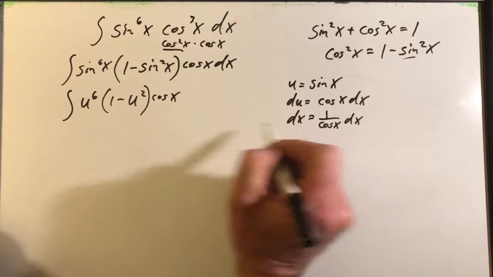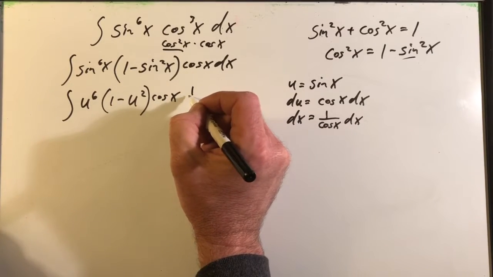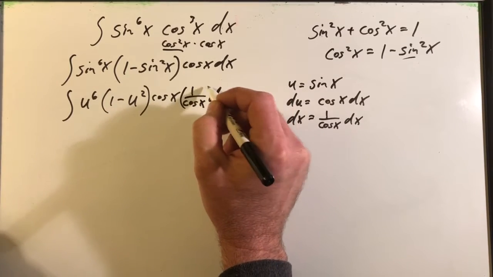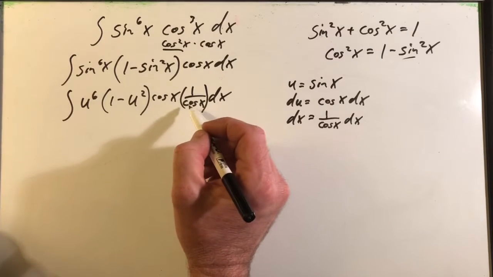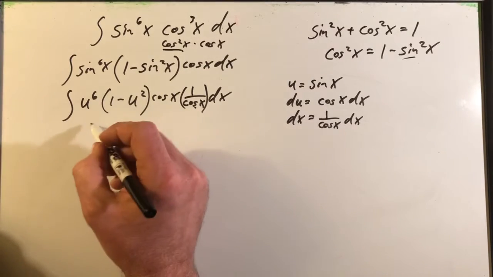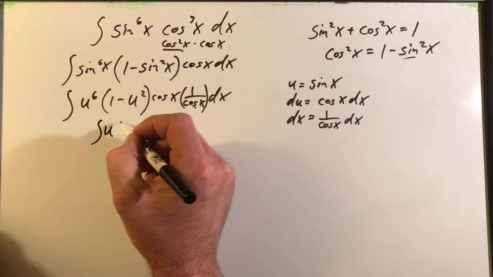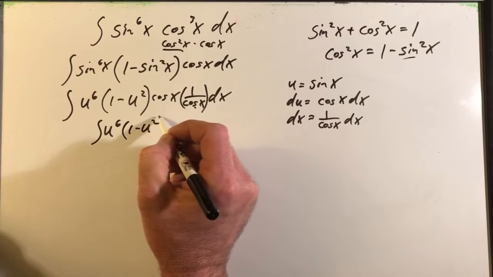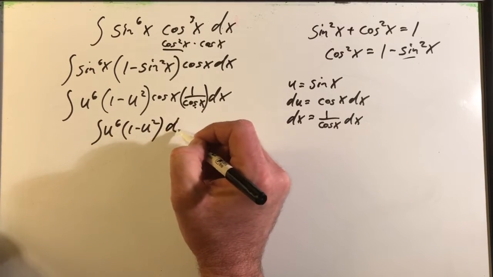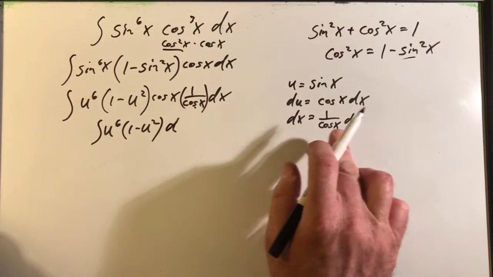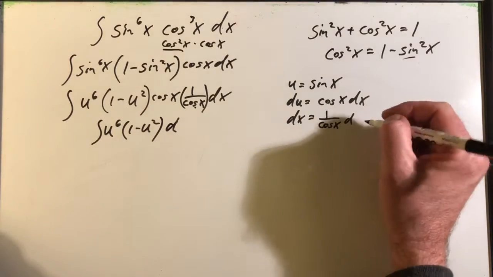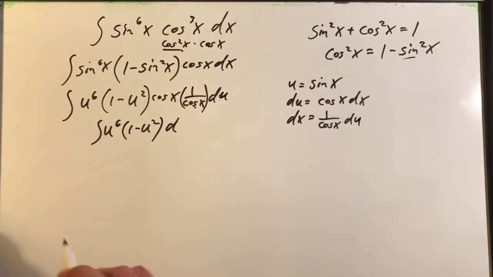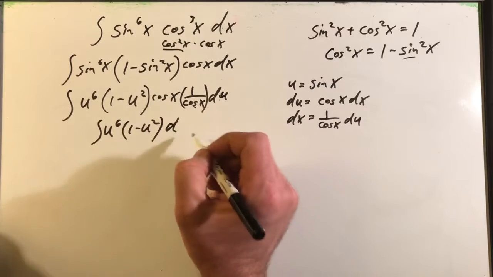Then I substitute in dx, which would be 1 over cosine x du. You can see that cancels with that, and then I'm just left with u to the 6th times 1 minus u squared du. Oh, I'm sorry, that's not a dx, it's a du. Forgive my little mistakes here and there. Hopefully it doesn't confuse you.